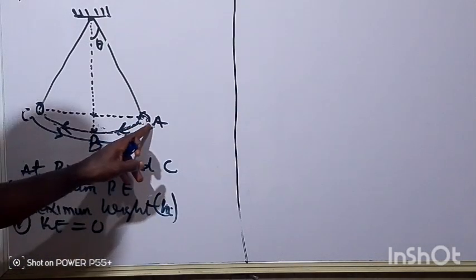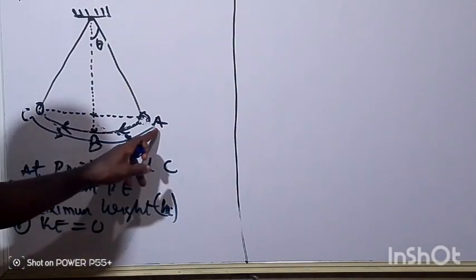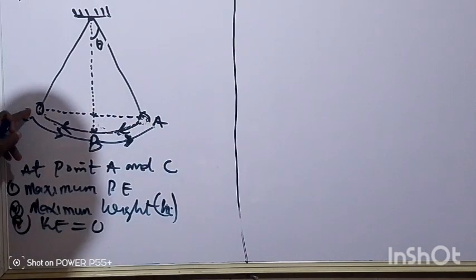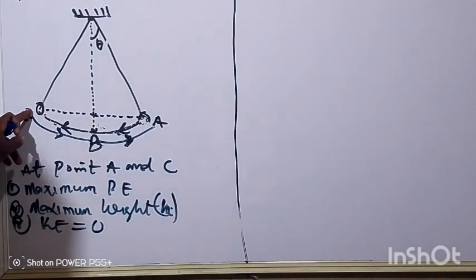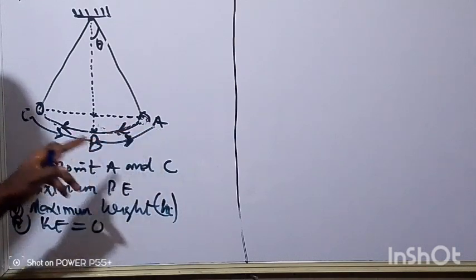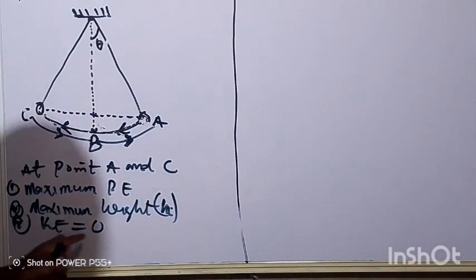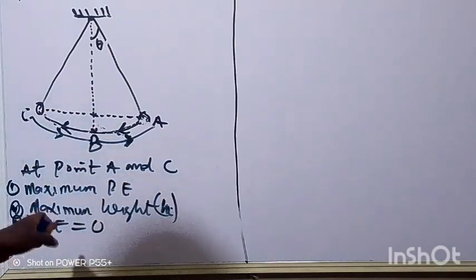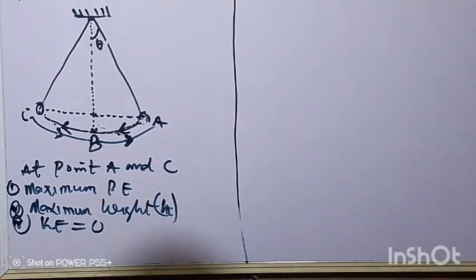Because at this point A, the pendulum will be at rest before it is being released. At point C, at least it will rest minimum of a second before it goes back to the original position. So that is why at point A and C now, the kinetic energy will be equal to 0, because kinetic energy is energy in motion.